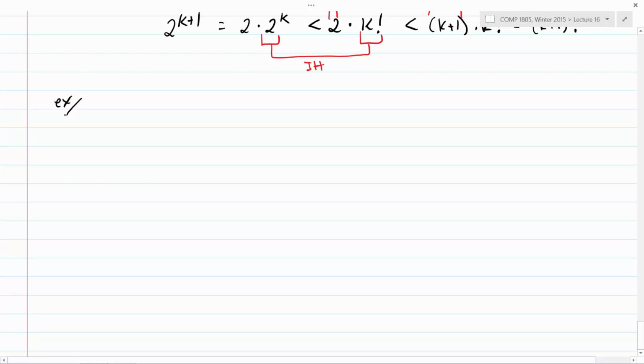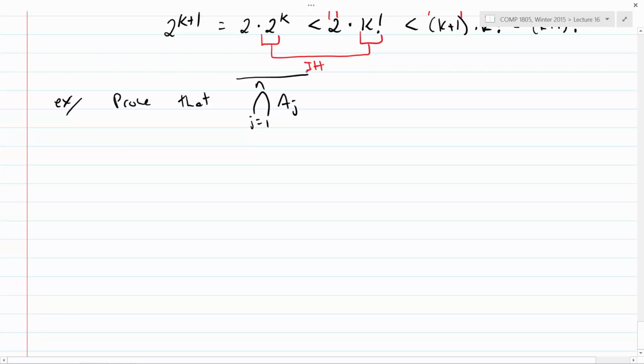So here's one example. I'd like to prove an extension of De Morgan's law for sets. So I'd like to prove that if I take the intersection from j equals 1 to n of aj and take the complement of that. So I haven't used this notation before.